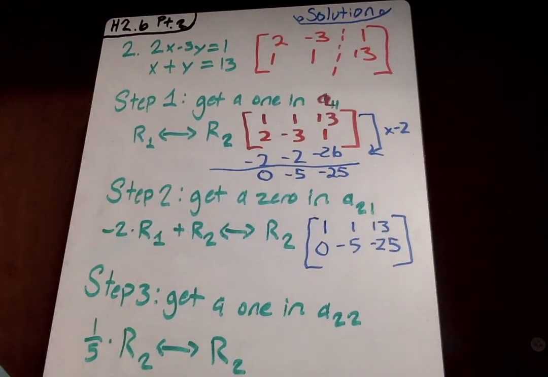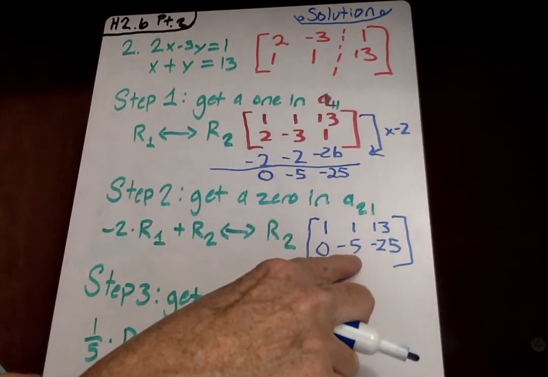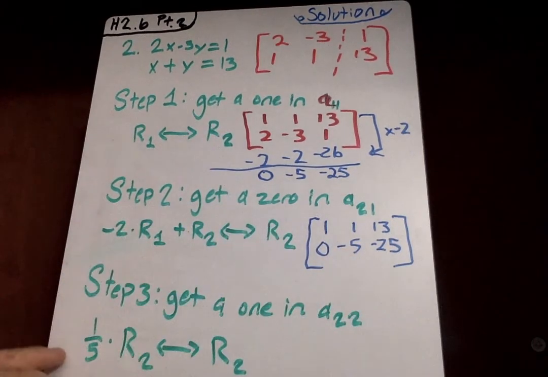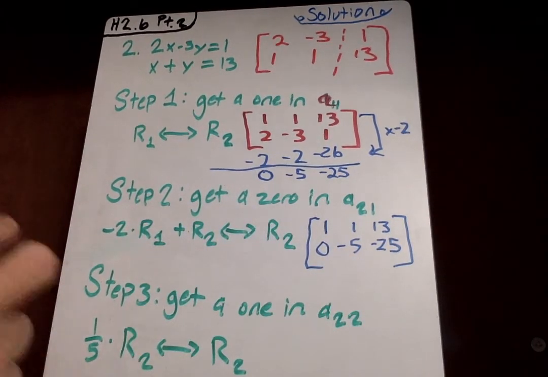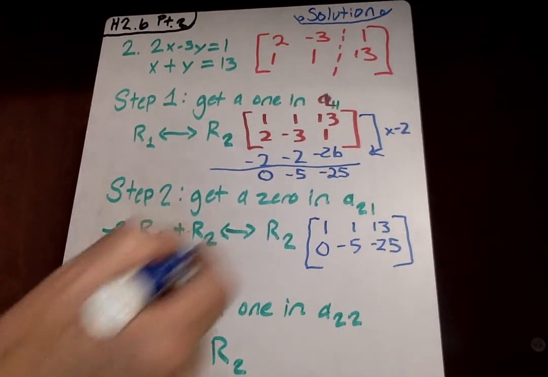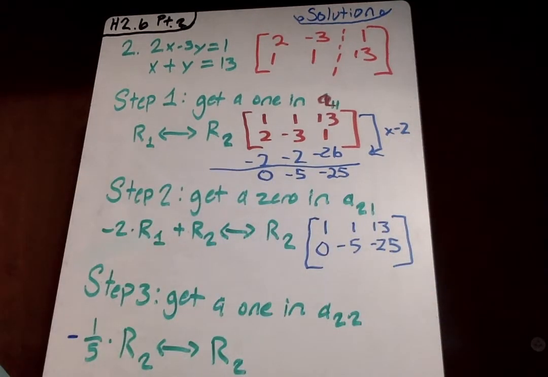Okay. Now we need to get a 1 in the A22 position. So what we're going to do here is divide this by -5, or we're going to multiply it by negative 1/5. So to me, it's the same as dividing by negative 5.